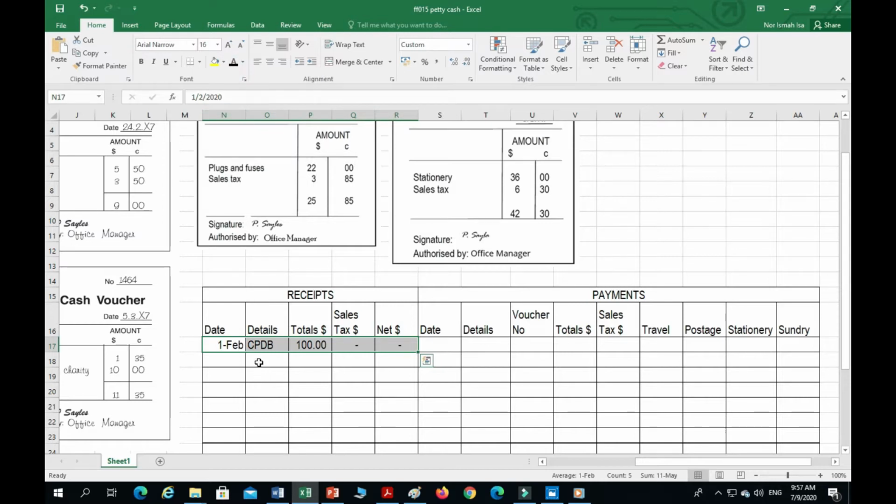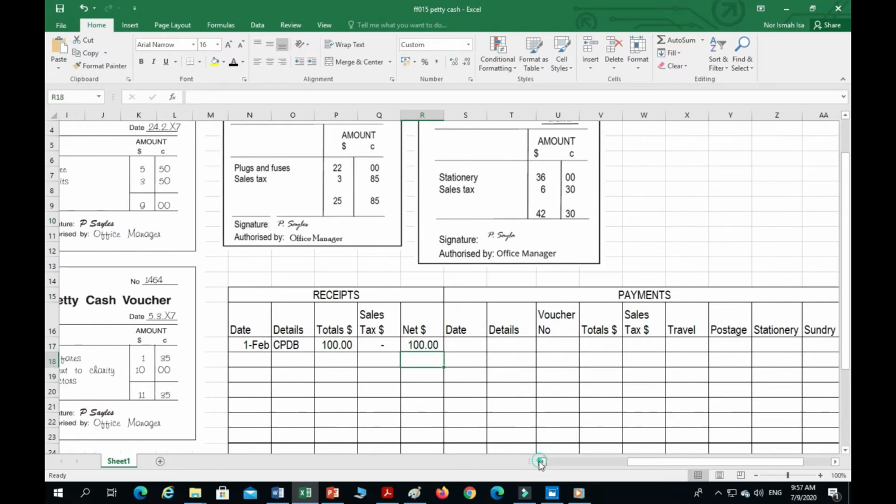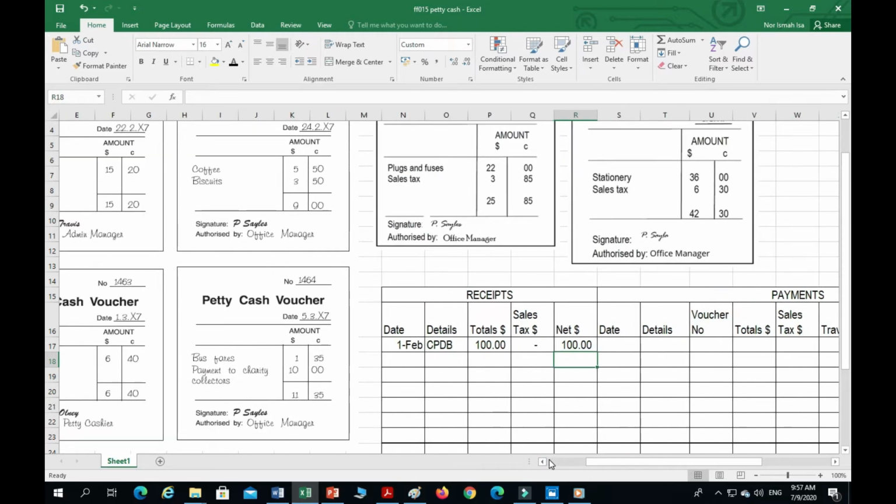So this is 1 February, the amount received is from cash payment debit. This is 100. Since there is no sales tax, the net amount is $100.